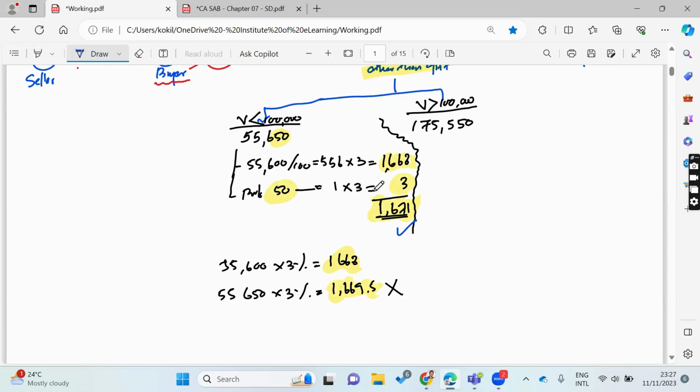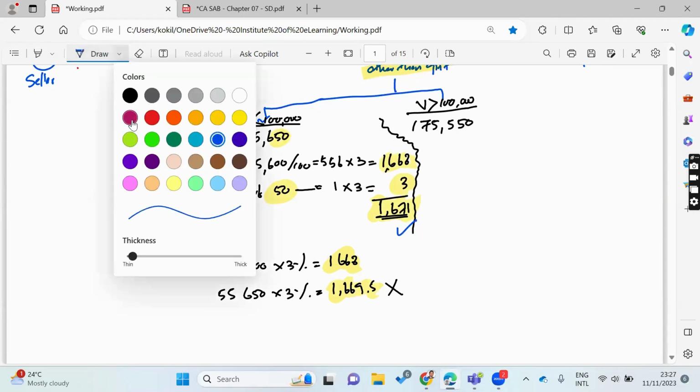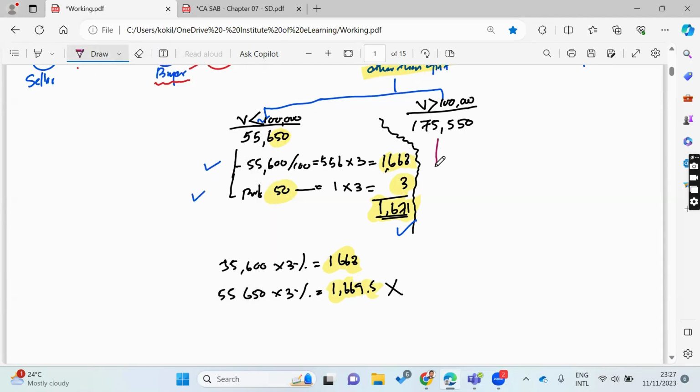Therefore you need to do it in this way. Now the second scenario: if your property value is more than 100,000, then up to 100,000 we divide and apply 3%. There's no need to even divide by 100, you can directly multiply by 3%, but sometimes you might be misled, so I will just divide.